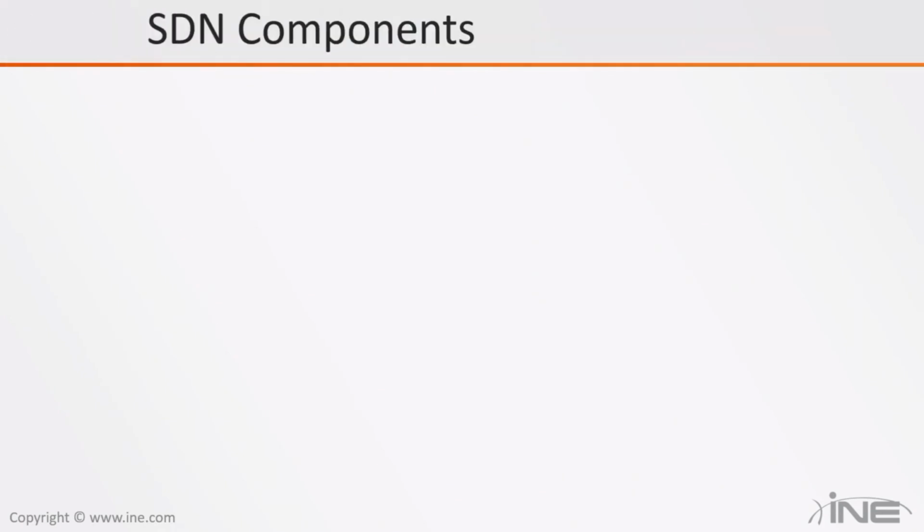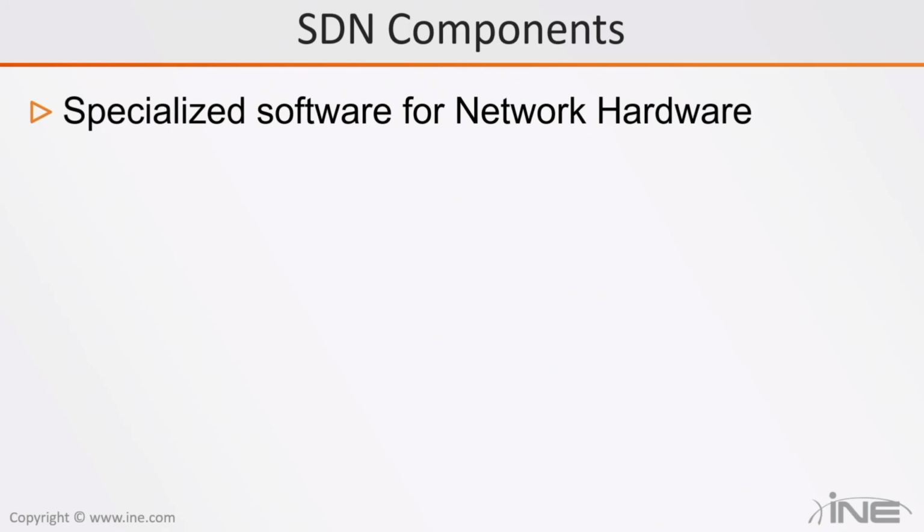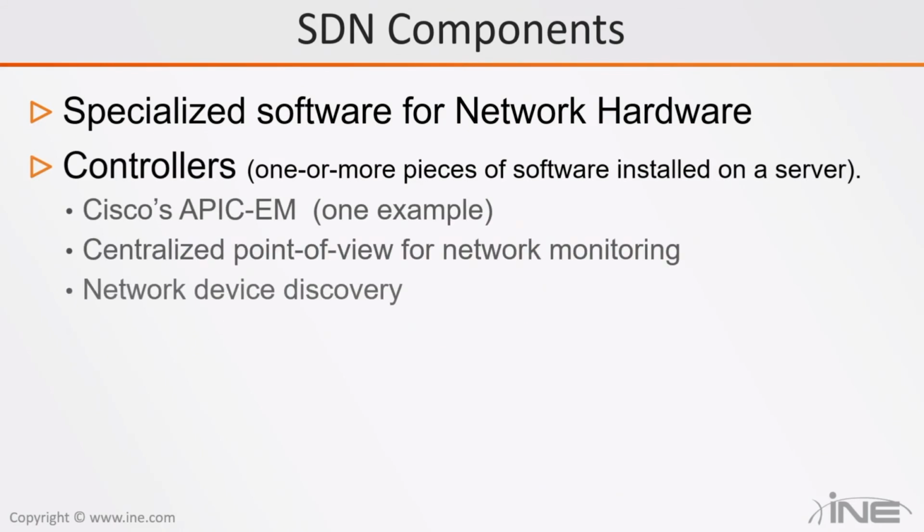So again, the main thing here is that the SDN components are, of course, the specialized software for the network hardware. Like I said, in the case of the Nexus 9K, it is a special image that runs on the 9Ks designed to talk specifically to the controllers, to the APICs, which are running, again, on servers. That, of course, again, brings up the controllers, right?